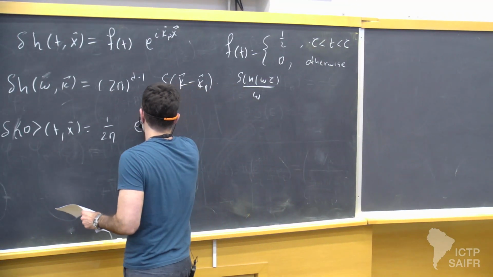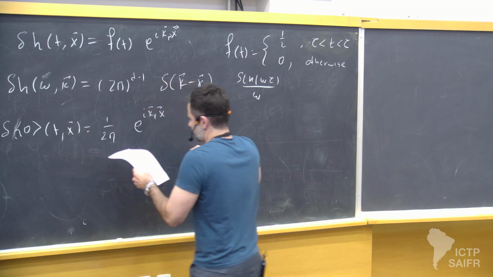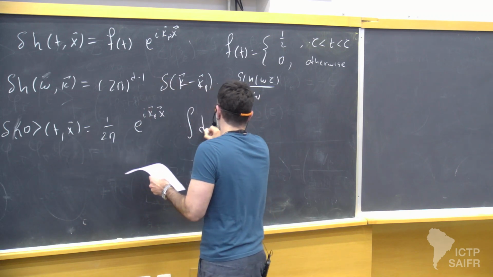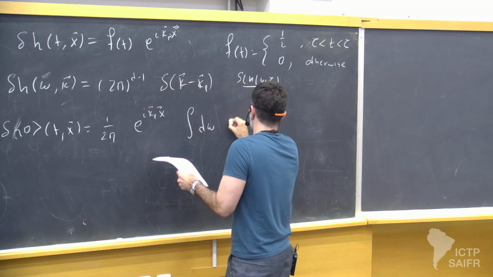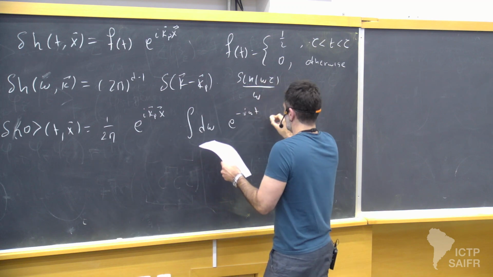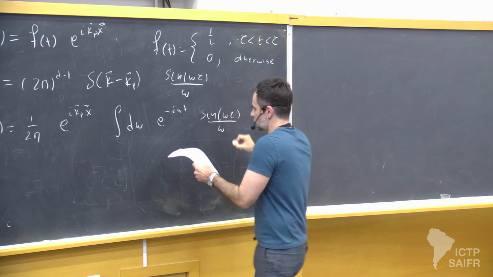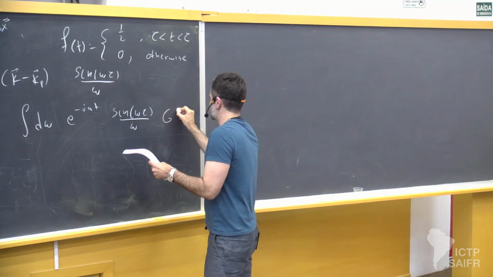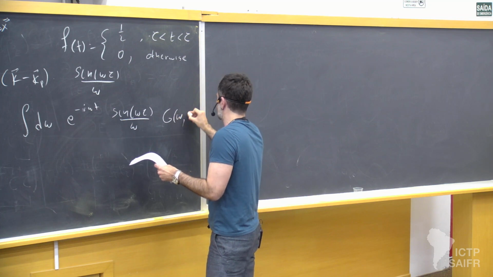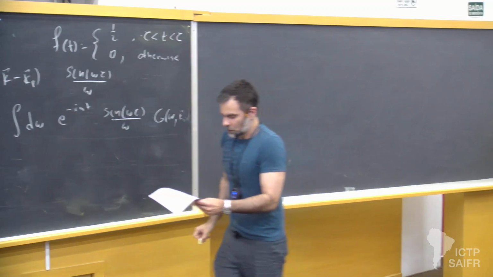I will have an e to the I kp x times an integral over omega. And I will have sine of omega tau over omega times g of omega comma kp. Good.